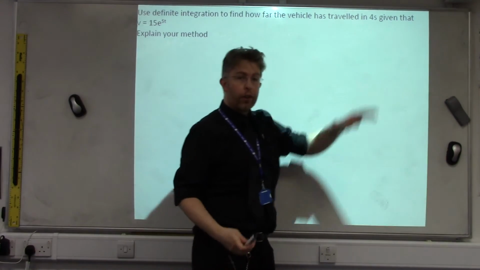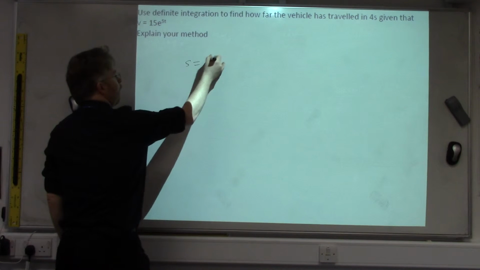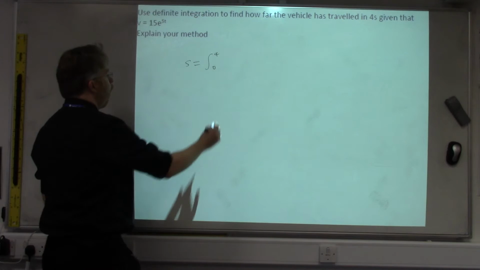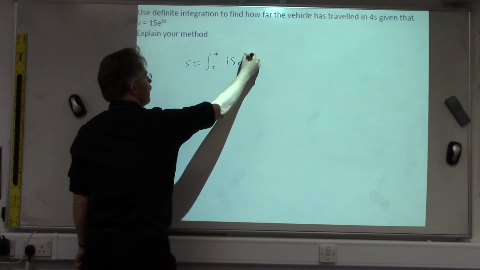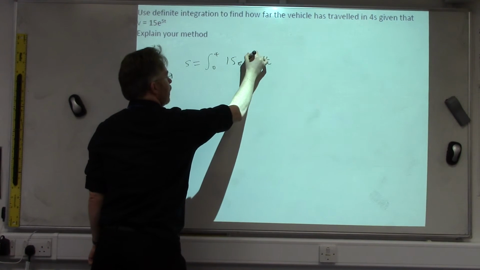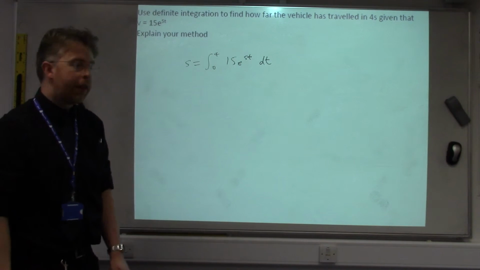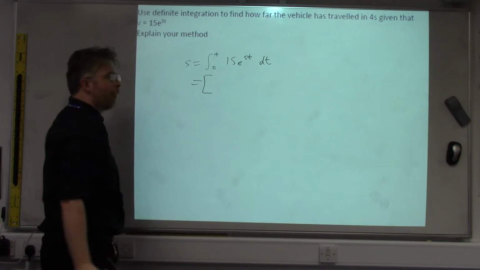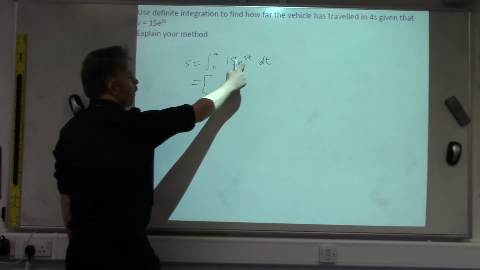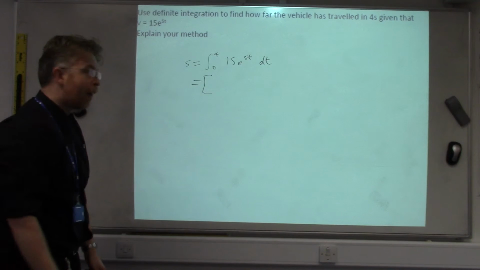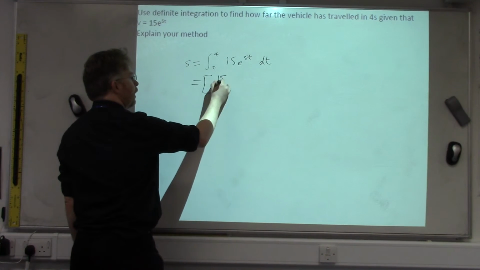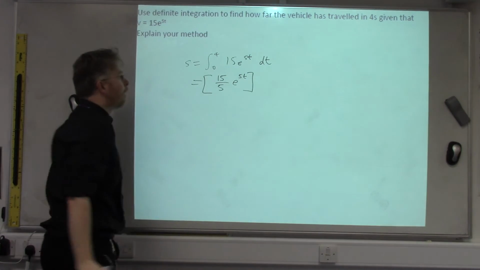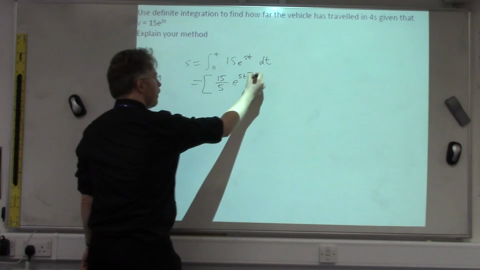We're travelling in 4 seconds, so our distance, the integral from 0 to 4 of 15e to the 5t, dt. So we need to be able to integrate that function. So integrating an e to the power function, whatever the number is before the t, we need to divide by that. So 15 divided by 5, e to the 5t, the limits are 4 and 0.